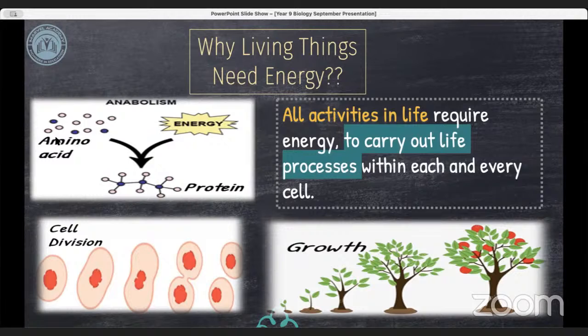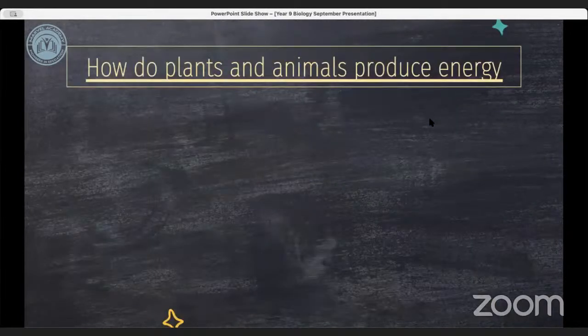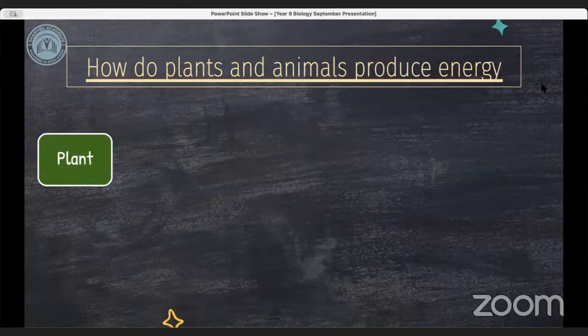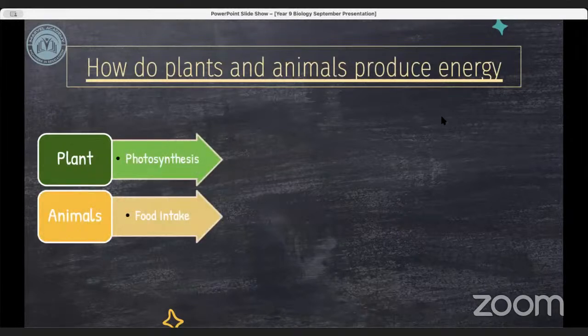You have amino acids, you have energy, you make proteins. Clear? Good. How do plants and animals produce energy? Let's try to look at that.